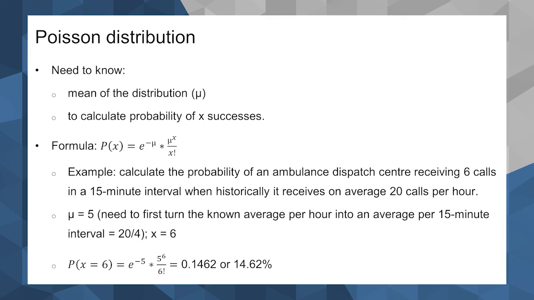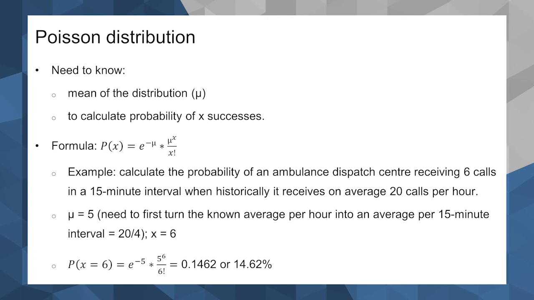And you're not in that case calculating the probability of getting 6, because you got 20, 0, 0, and 4. It's not 6. So always you need to change the mean in line with what you're trying to analyze, not in line with the information that you're given for the time period that you're given.